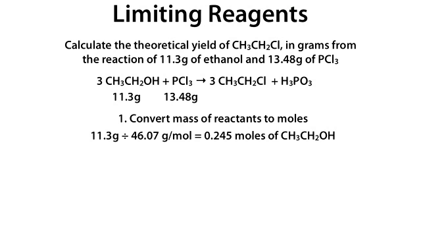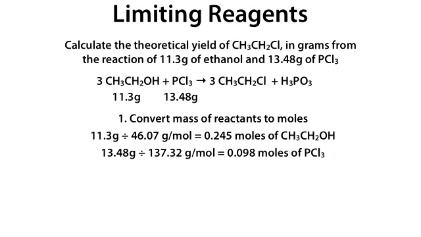We convert 11.3 grams of ethanol by dividing the 11.3 grams by the molar mass of ethanol, 46.07 grams per mole, to get 0.245 moles of ethanol. We do this again for PCl3. Of course, PCl3 has a different molar mass.